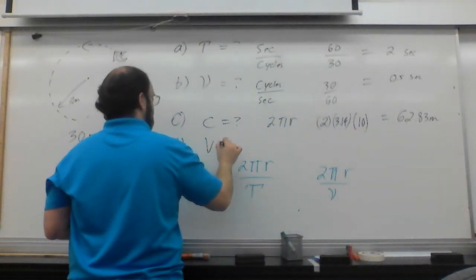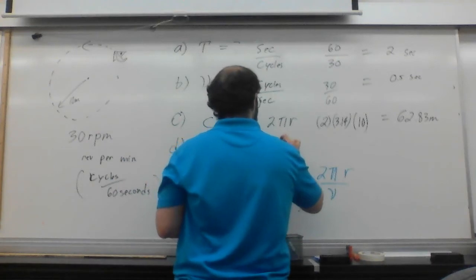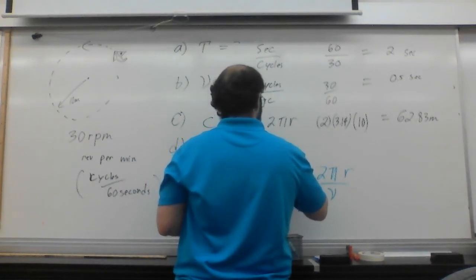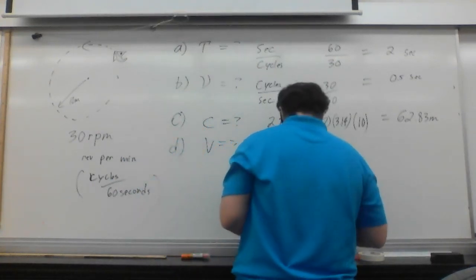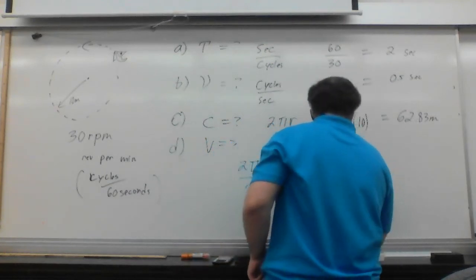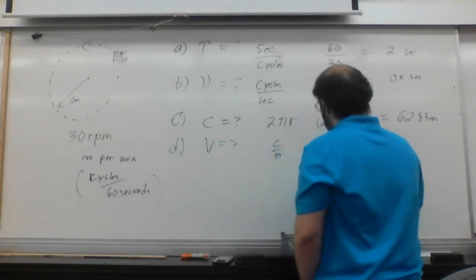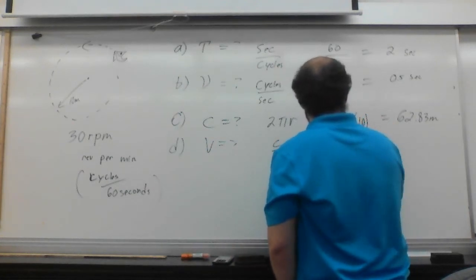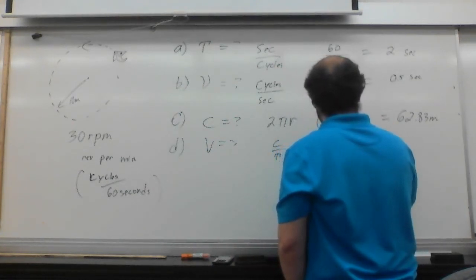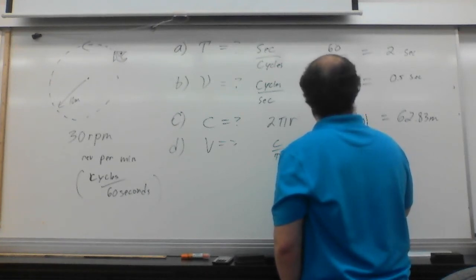And then the last one, D. What is the velocity? Well, velocity is just circumference over period. Circumference is going to be, as we just discovered, 62.83 over period, which we said was 2.